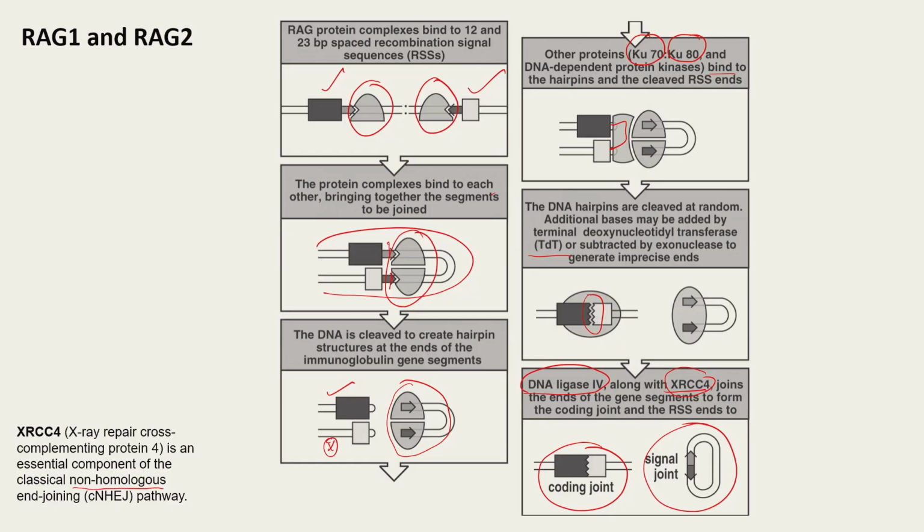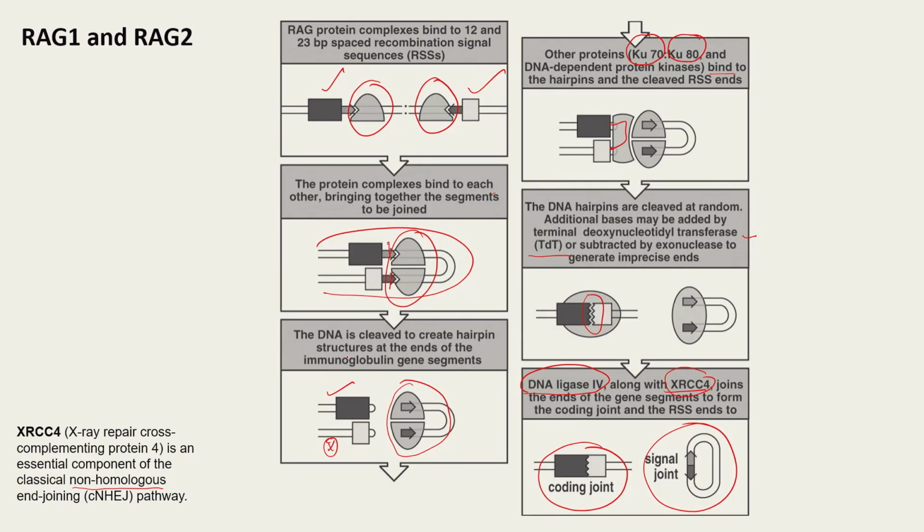Finally, more divergence is added because of the terminal deoxynucleotidyl transferase, adding more heterogeneity to the gene. And finally, the ligase comes into the picture, which can join these two coding sequences which came close to each other because of the RAG proteins, leading to a very different kind of gene altogether. So the whole process could lead to divergence in receptor editing, and the major players here are the RAG1 and 2 proteins.